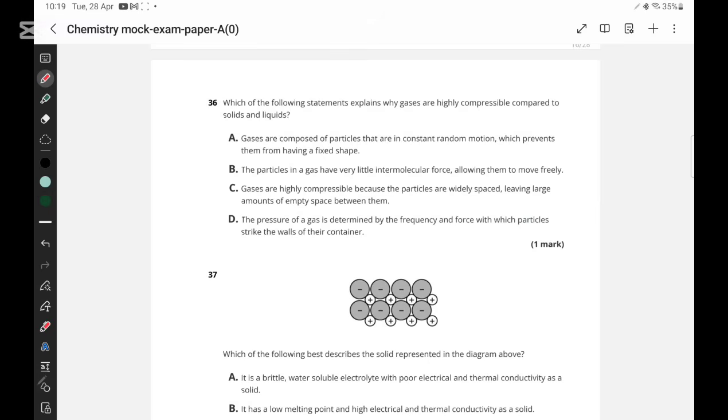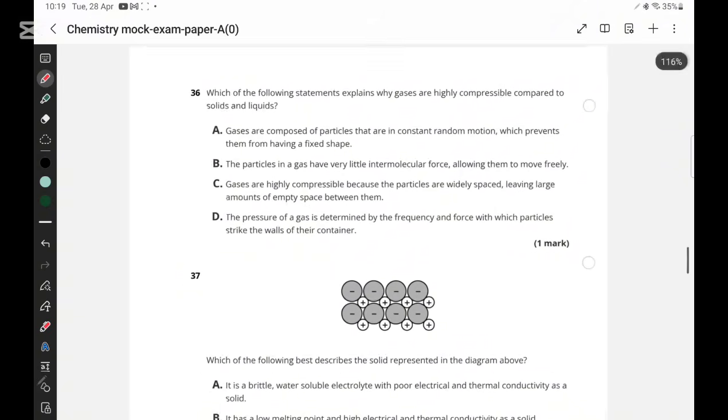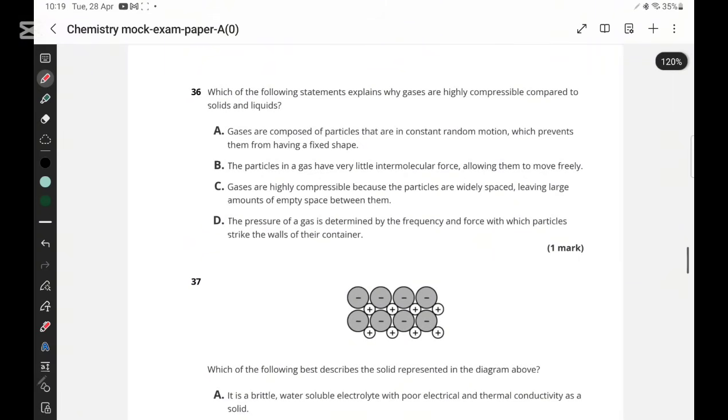So for the next question, they are saying which of the following statements explains why gases are highly compressible compared to solids and liquids. So first of all, why are gases compressible? Because if you see the structure of gases, then gas particles are widespread, and the particles have a lot of space between them.